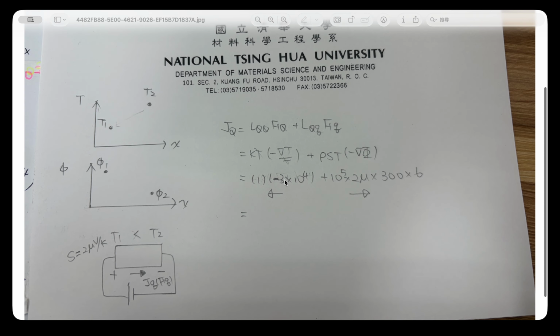So this term tells us that the heat flow induced by the temperature gradient goes to the left-handed side, it is negative. So you can double check whether your assumption or your settings are correct, right? Because for this case, the heat flow induced by the temperature gradient should go to the left-handed side.